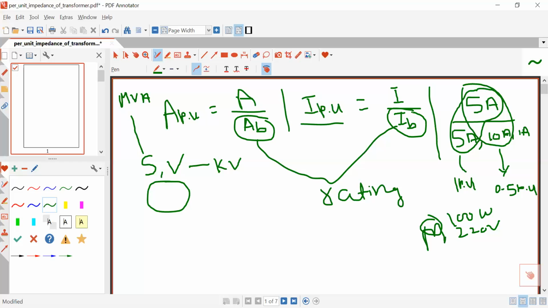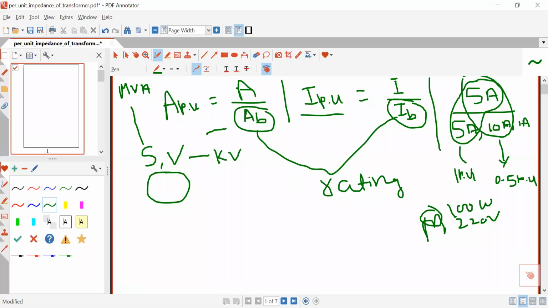So just by using that rating, you can easily convert conventional unit in per unit system. So the main task is to convert the base value in terms of the rating of the machine, so that conventional unit can easily be converted in per unit system.